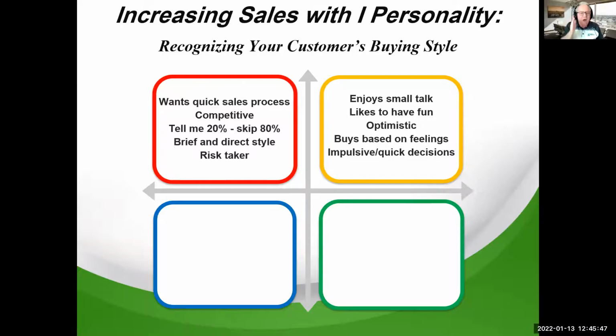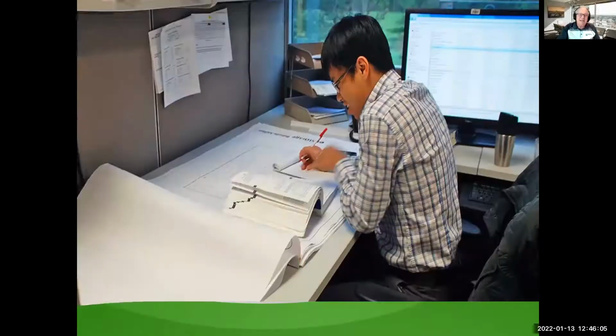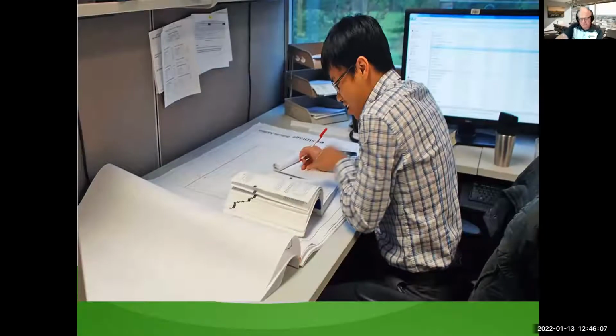I's decide based on feelings, and they're very quick with their decisions. They're very impulsive. This fits me to a T. I like to make fast decisions and move on. So that's the I.